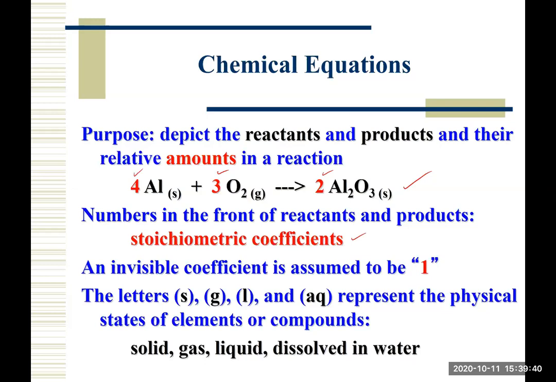If we have an invisible coefficient, then we assume that it's 1. The letters that you see in parentheses as subscripts are S for solid, G for gas, L for liquid, or AQ for aqueous, which is telling you that that substance is dissolved in water.